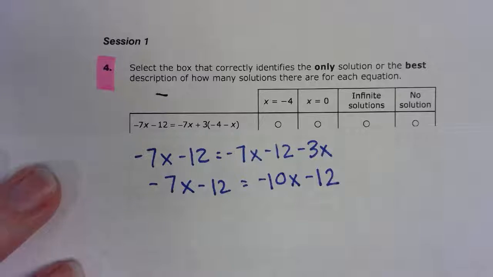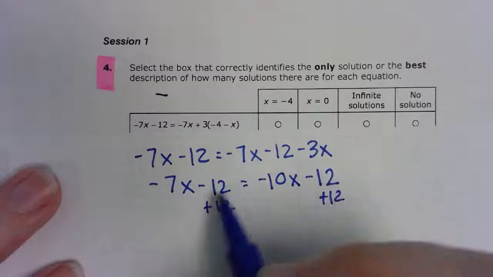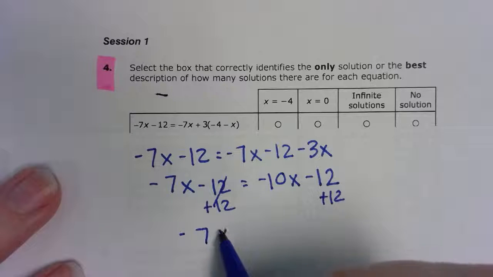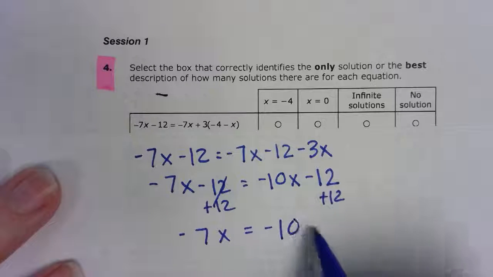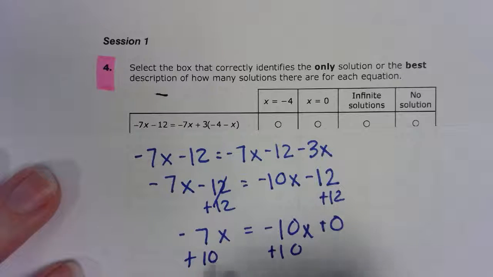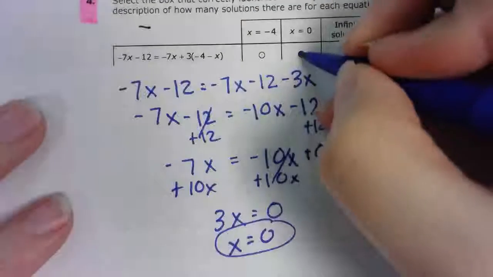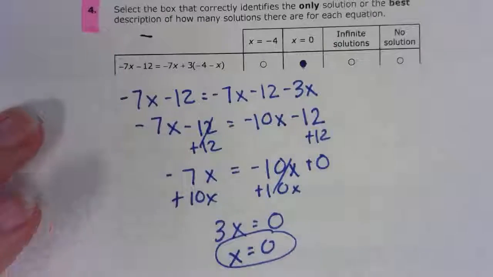I can keep solving to see what that would be. Add 12, add 12. My constants cancel out, which means I'm left with 0 over here, plus 10x, and so that leaves me 3x equals 0. So x equals 0. So for this one, it would be x equals 0.